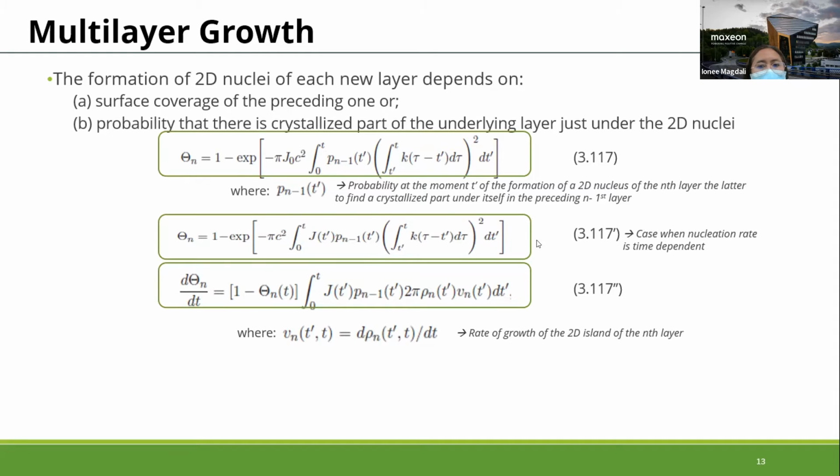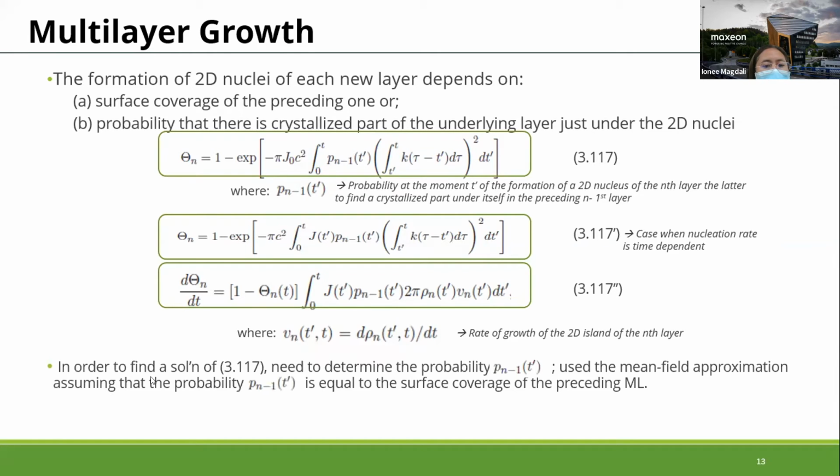Differentiating the equation 3.107 prime, we often use this expression to calculate the growth rate of the 2D island. So these are the equations we have for the growth rate.